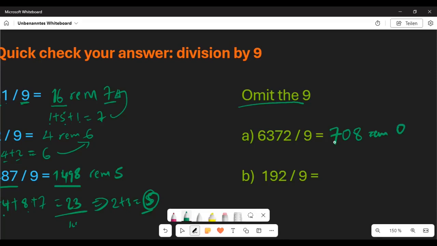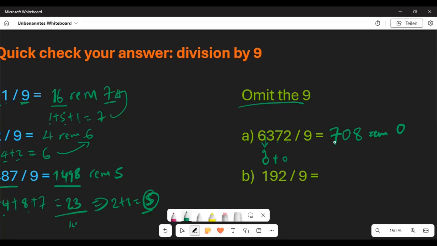Now, when we want to omit 9s, we know that 6 plus 3 is 9, so we just omit that and say we have 0. Then 7 plus 2 is 9, so again we have 0. What we're learning here is that 0 plus 0 means we don't have any remainder.